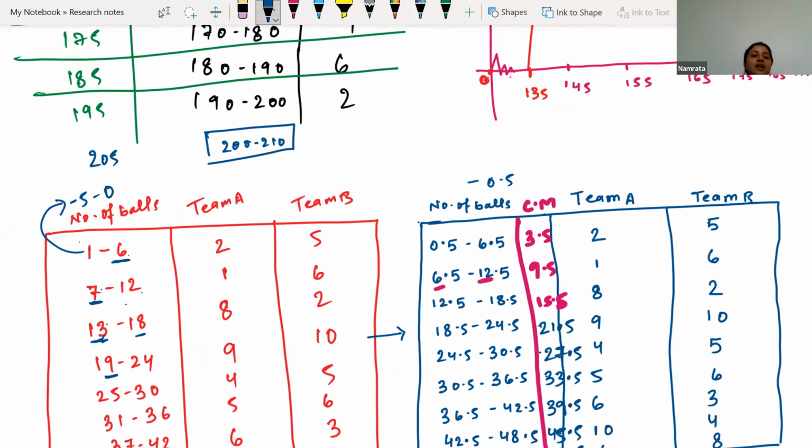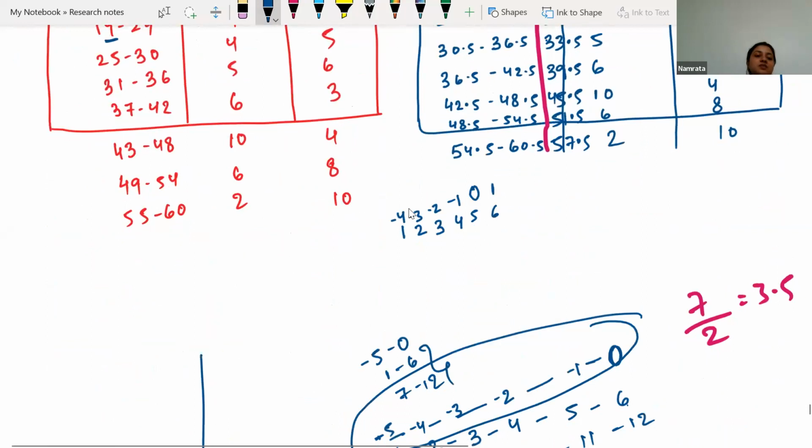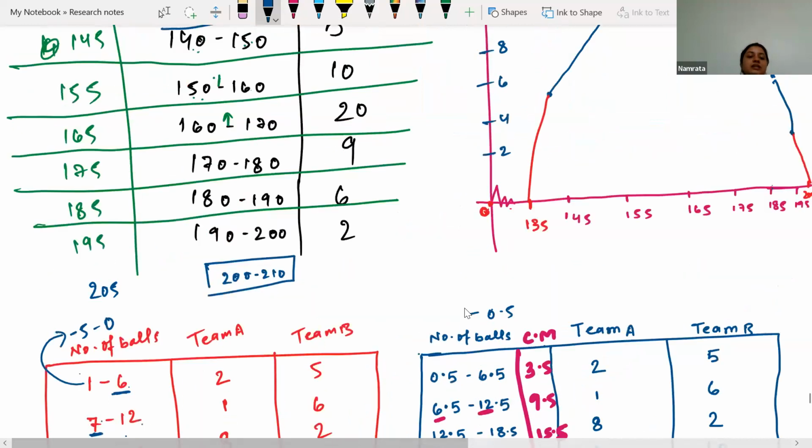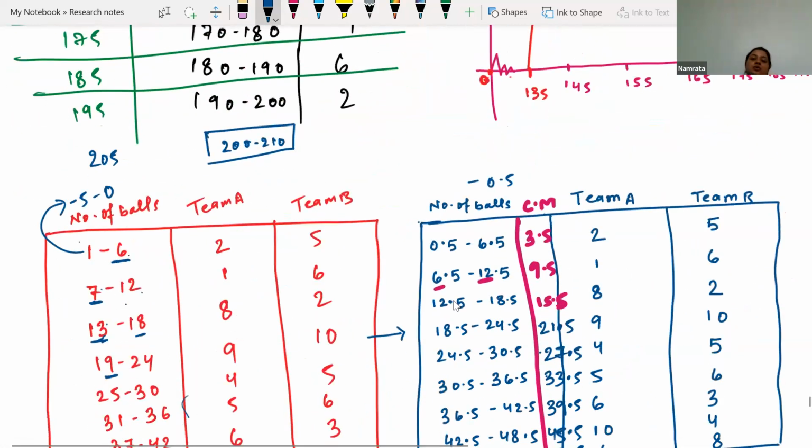Now what will be the last one? Guessing the last one is very simple. The way it's 31 to 36, similarly it will be 55 to 60, then 61 to 66, right? So guessing the last one is easy, but for the previous one, you can either check the size or work on the raw data.